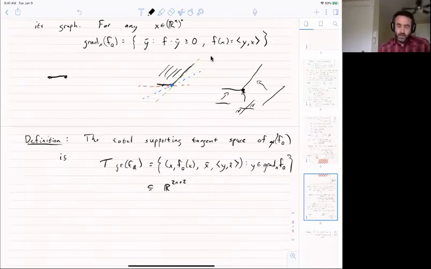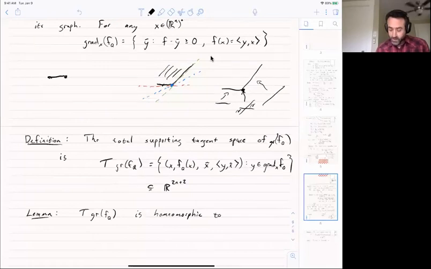And there's a lemma, which is one of the key ingredients, that this is homeomorphic to R^(2n). In fact, it doesn't look very topological, or very much like a manifold, but it is indeed a topological manifold.